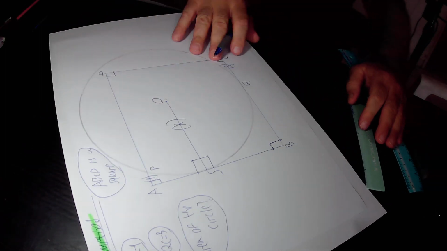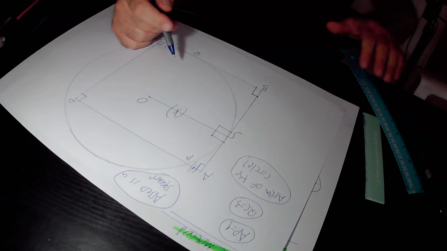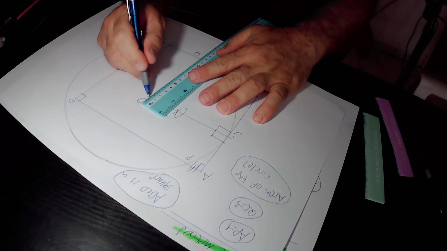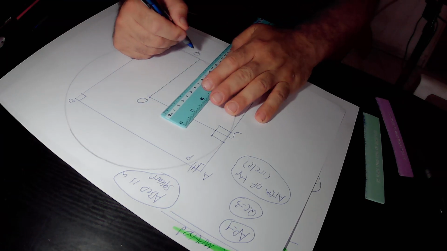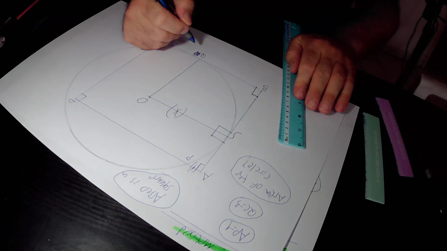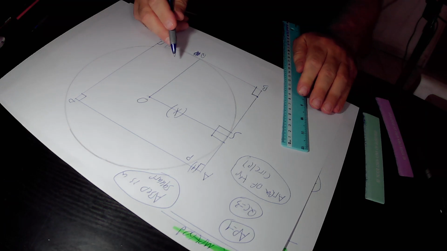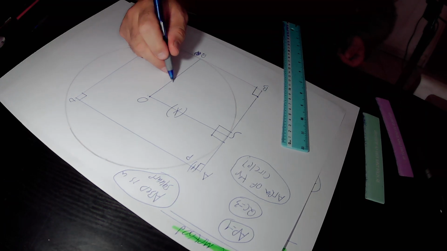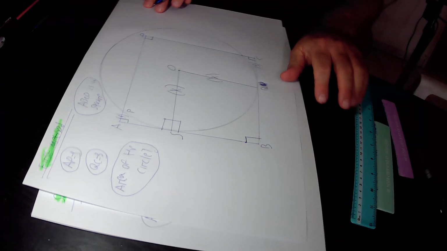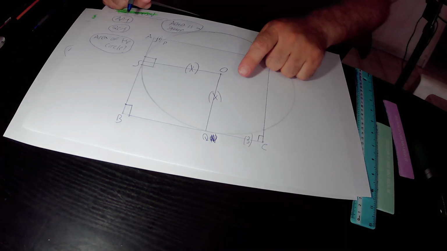In the next step, we join points O and Q together by a straight line. So OQ is of course the radius of this circle, that is equal to x. Again, you can implement here rule 1. Why? Because we have the radius OQ that is equal to x.